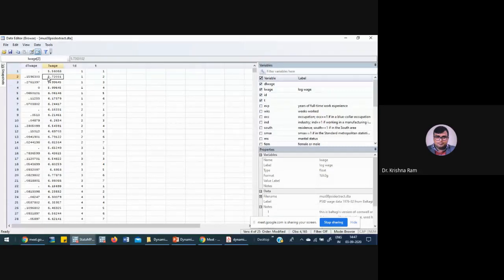If we subtract 5.560 from 5.720, we get 0.159. So again we can say that for the first period, data is missing for each cross-sectional unit, and here you have the second period onward data.